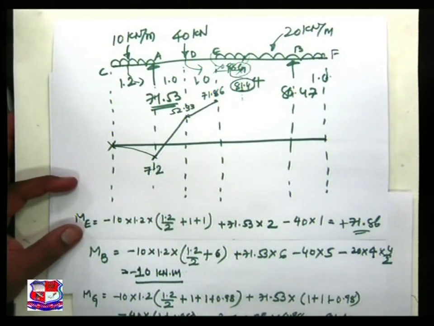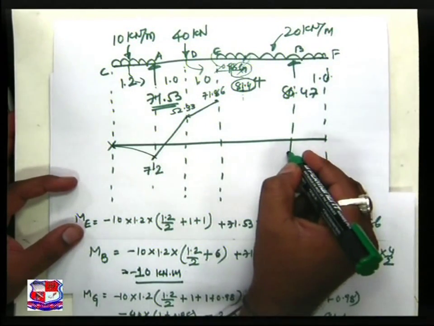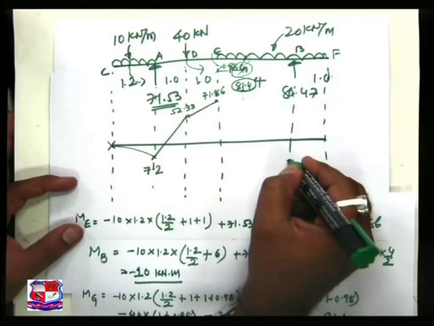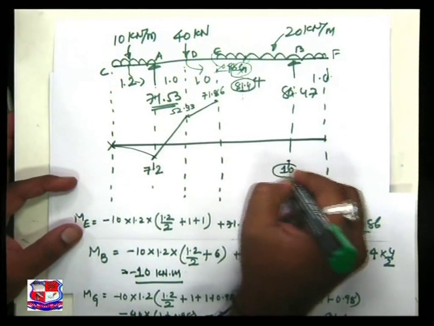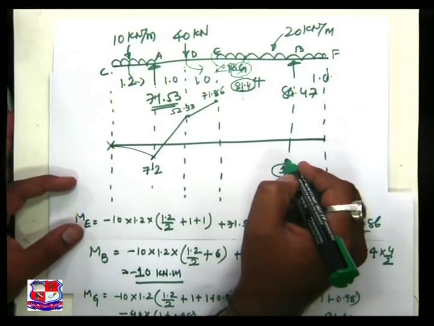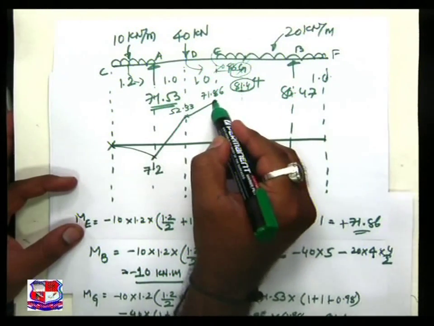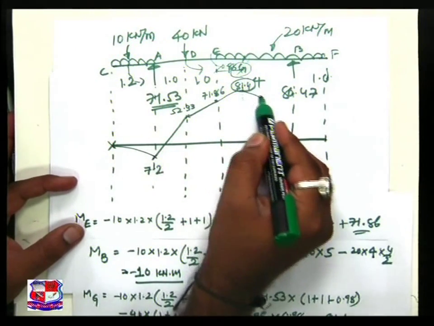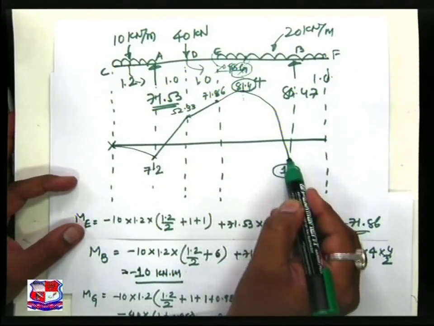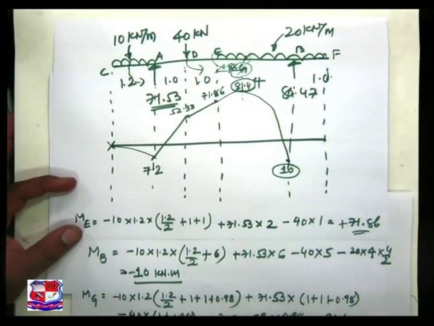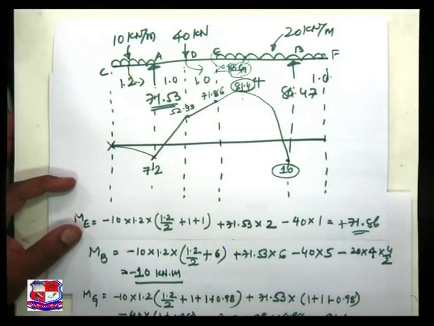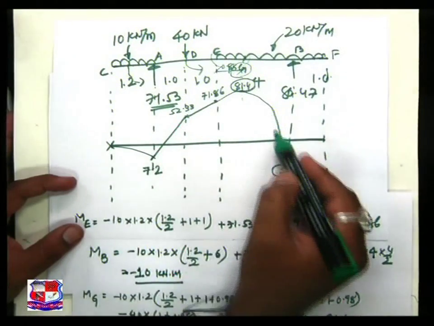So the answer over here has a minus sign, and this is of 10 value. Minus sign is below the baseline. I have to join 1, 2 and 3 with the help of a parabola. So this is the parabolic approach or diagram.